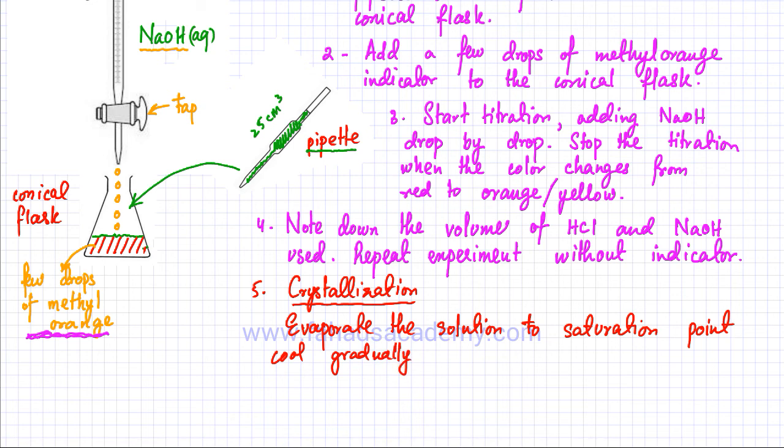That would allow crystals to be formed, so that particles of NaCl get together and they start forming large crystals. So you cool gradually and filter out any crystals formed, and dry between pieces of filter paper.